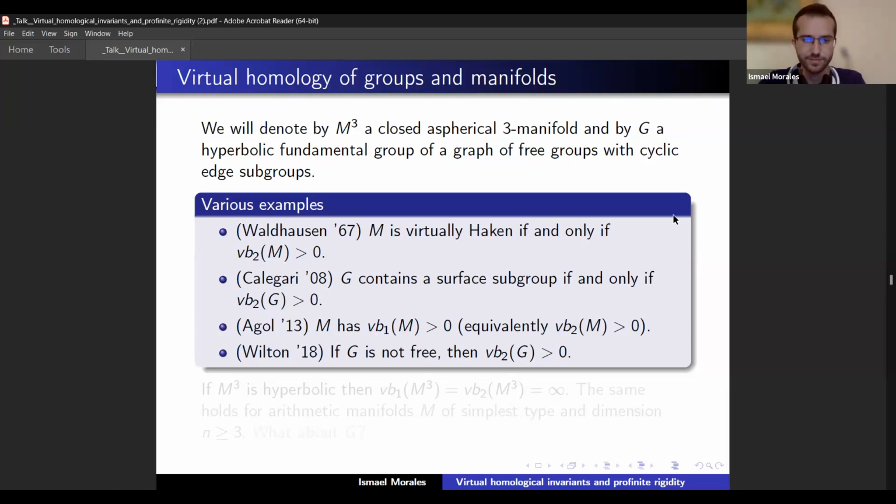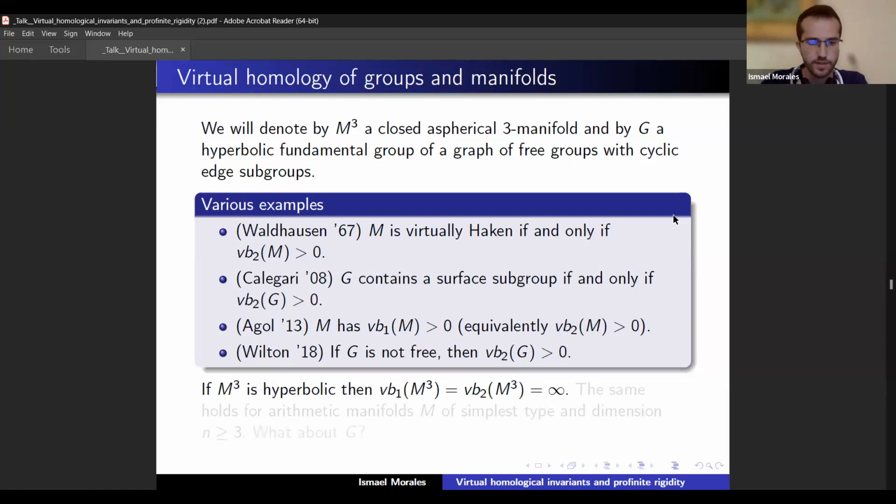So maybe now I should say this is the only way we have to produce second homology in finite covers of subgroups, say for this two-dimensional example G, or for three-manifolds, which is producing surface subgroups and hopefully seeing them in finite covers.